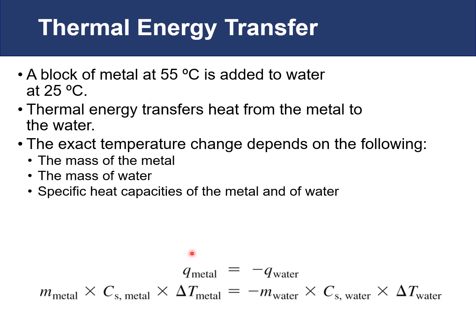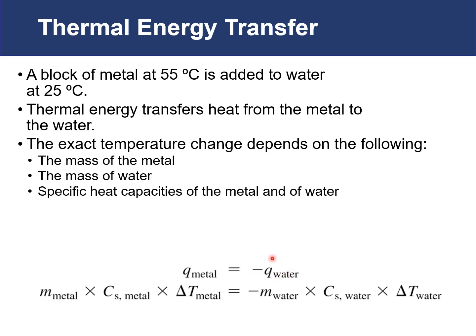There's a difference in sign. And in a previous video, we talked about how the sign indicates the directionality of energy flow. A plus means energy is flowing into the system, and a minus means that it is flowing out. So in this case, the metal energy is flowing out, the water energy is flowing in.